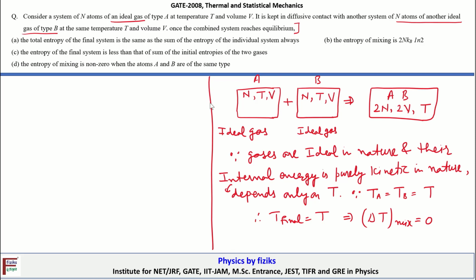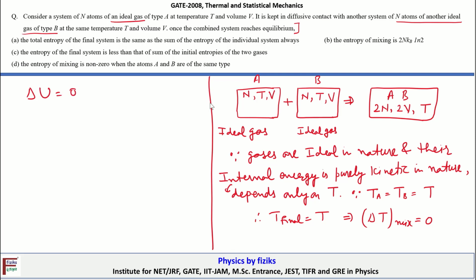That's an important conclusion, because delta T of the mixture is equal to 0, and the internal energy of the system of gases is also a temperature dependent quantity. So delta U is equal to 0.